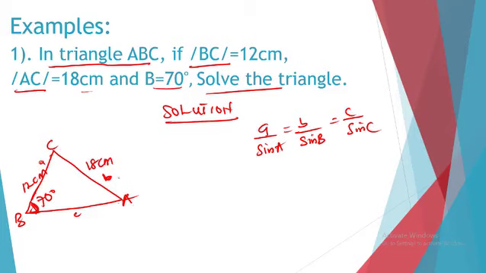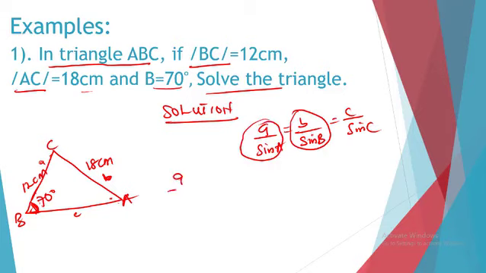So B is given: we have 70 as the angle and 18 as the side, so we use b. Side a is given, but the angle at A is not, so we start by solving for angle at A. So we use a and b.